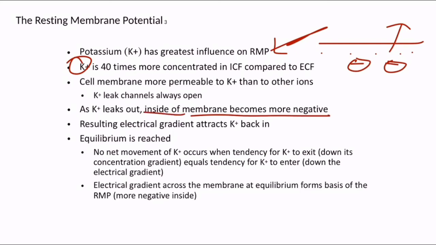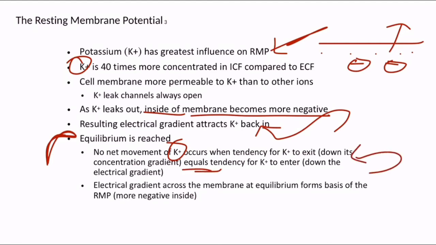And it's kind of interesting, because that same negativity that they left behind is what attracts them back in, right? So eventually equilibrium is reached because of this back and forth play. So there's no real net movement of the potassium. It occurs when the tendency for the potassium to exit down its concentration gradient is equal to the tendency for the potassium to go back in, which is down the electrical gradient.